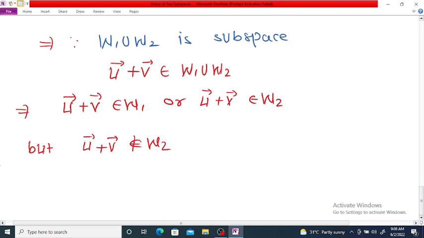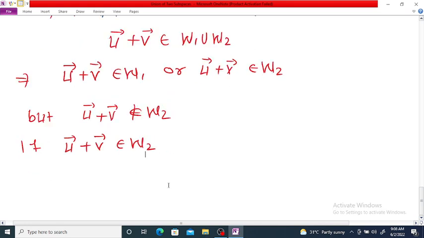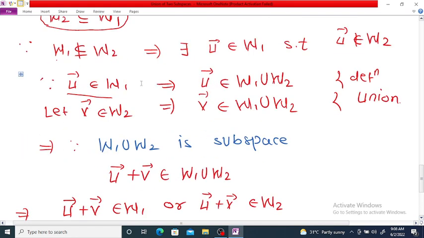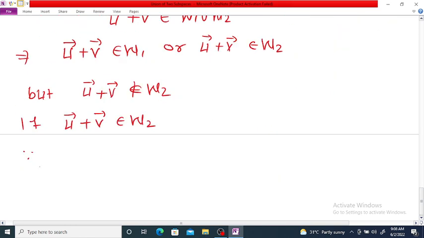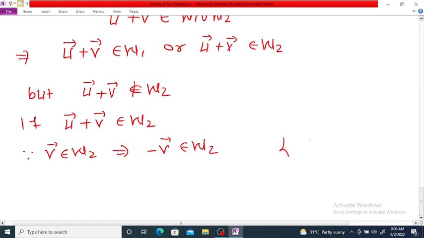Why? Suppose u bar plus v bar belongs to W2. Since v bar belongs to W2, minus v bar belongs to W2, because W2 is a subspace.